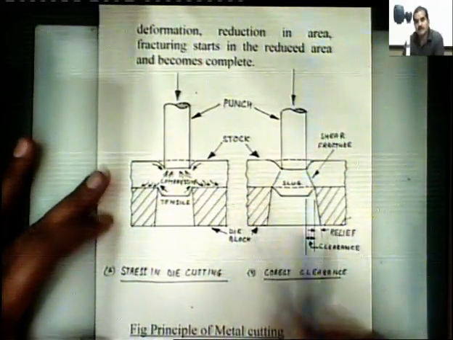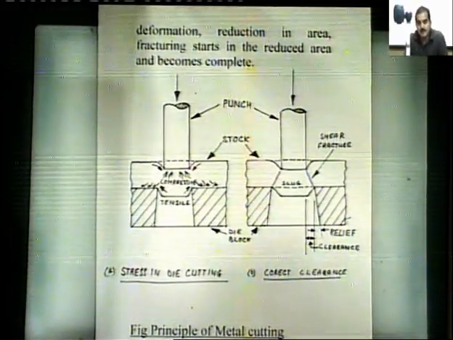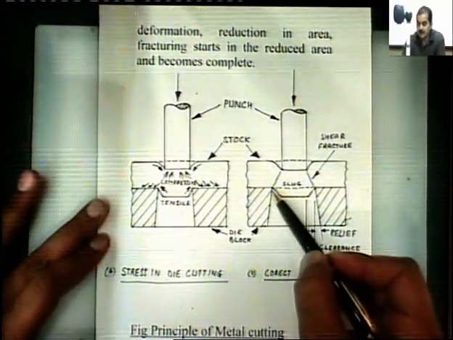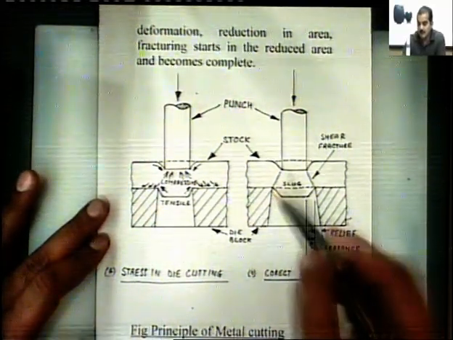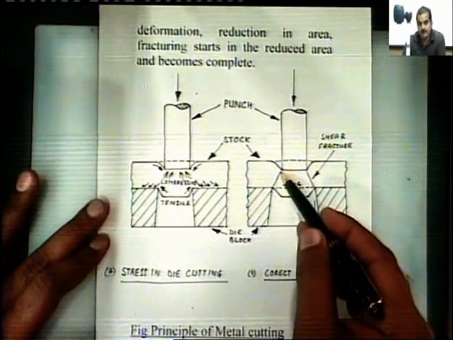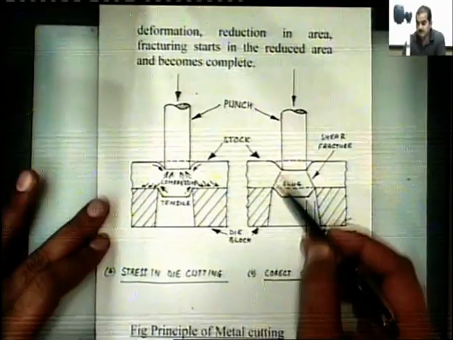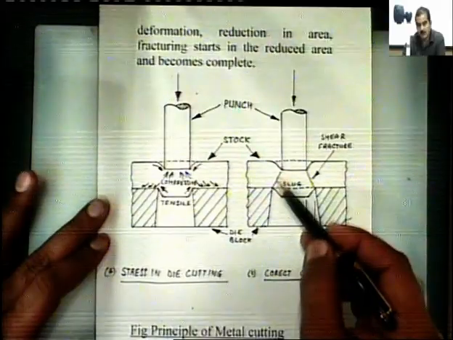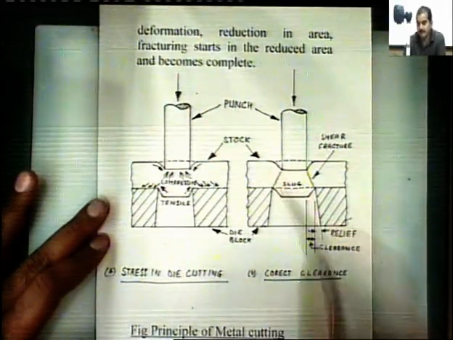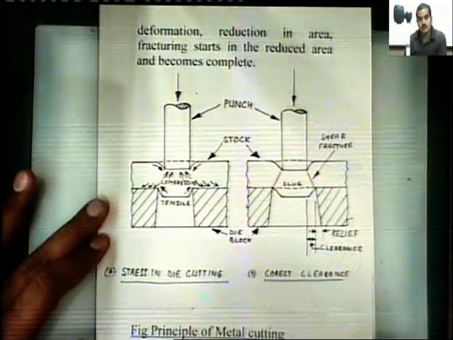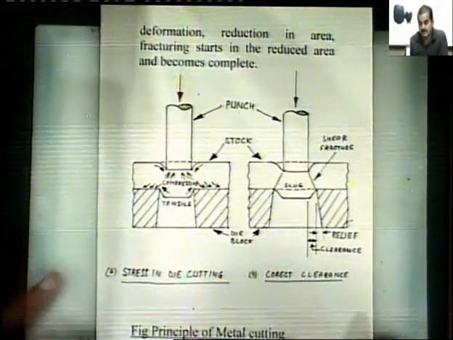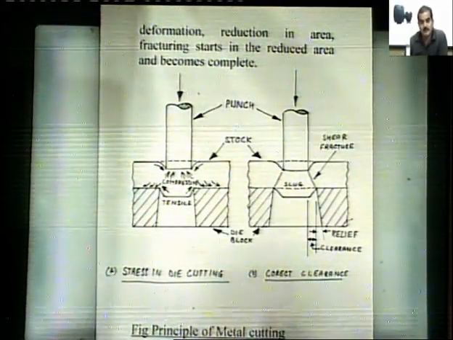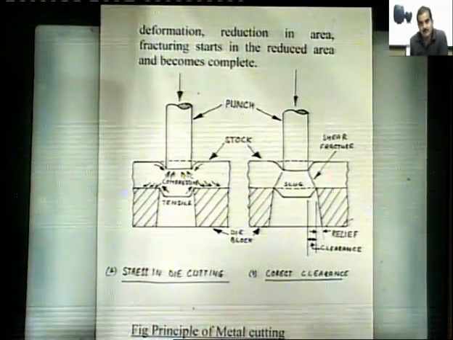If the clearance between the punch and die is correct, then the fracture starting from the die meets the fracture starting from the punch. If these cracks meet one another, then the fracture is complete. So, clearance is very important in this cutting operation. Clearance is nothing but the difference between the size of the punch and the size of the die.